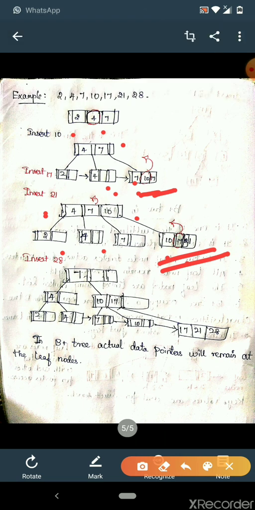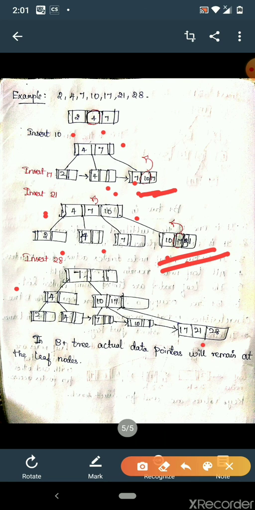So the next step, you are going to insert 21. So 21 is inserted here. So now 7 will be the root node, and the left side will be 4 and 10 and 17 at the right side, because in the previous step the node is full, so we are going to move 17 as a root.